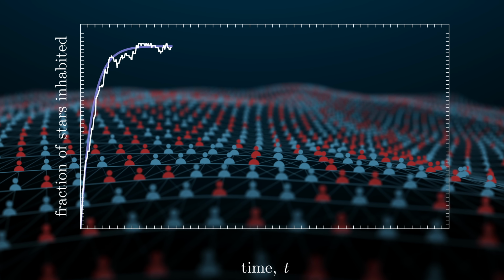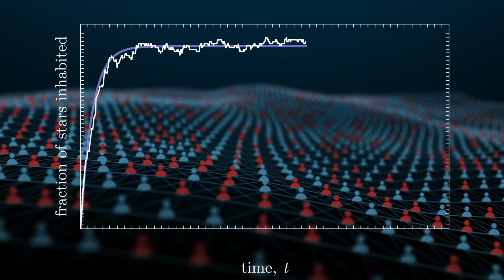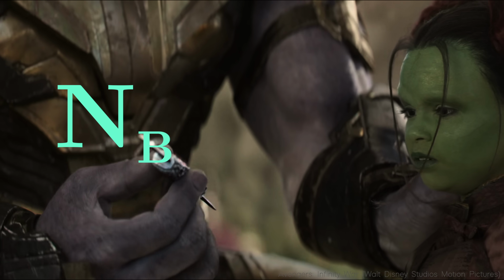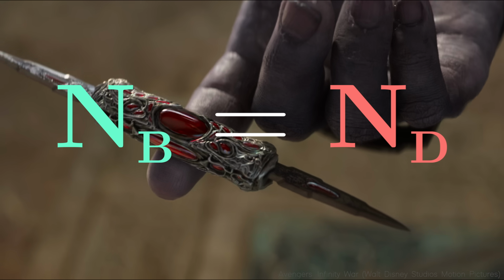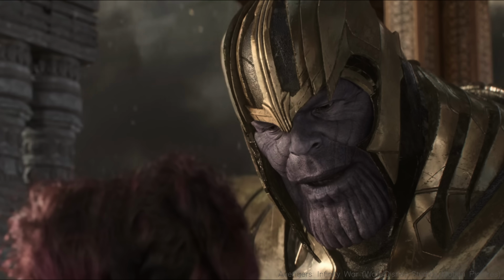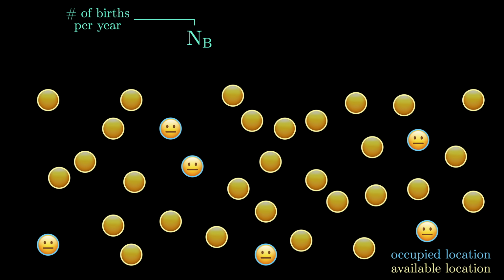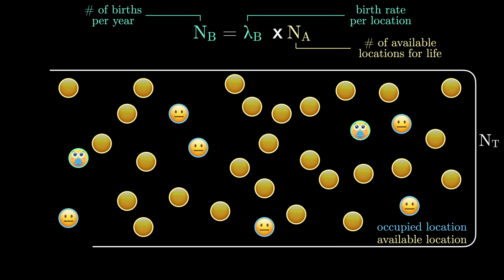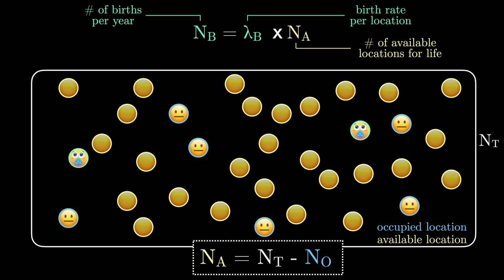After some settling time, we should expect the galactic population to reach an equilibrium point, for which the number of births per year equals the number of deaths per year. Balance. Perfectly balanced, as all things should be. The total number of births per unit time must simply be the birth rate per location multiplied by the number of unoccupied stars, which is the number of total stars minus those already occupied.